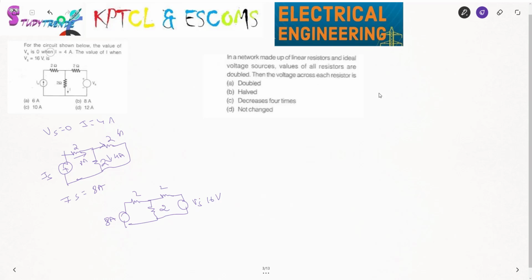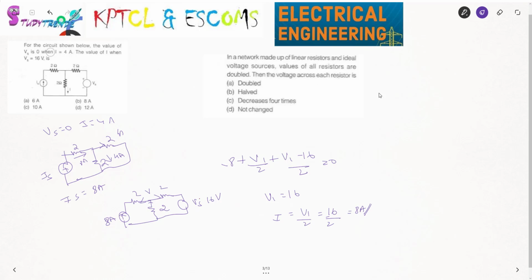Apply KCL across this node: minus 8 plus V1 by 2 plus V1 minus 16 by 2 is equal to 0. V1 is equal to 16. I is equal to V1 by 2, which is equal to 16 by 2, is equal to 8 ampere.